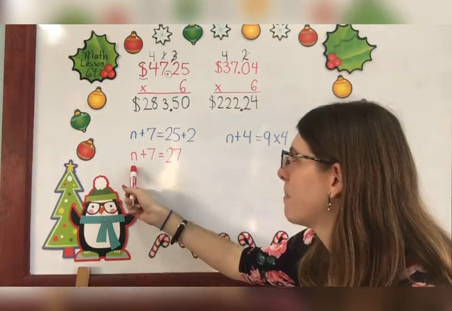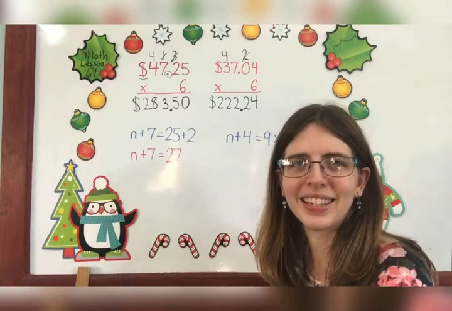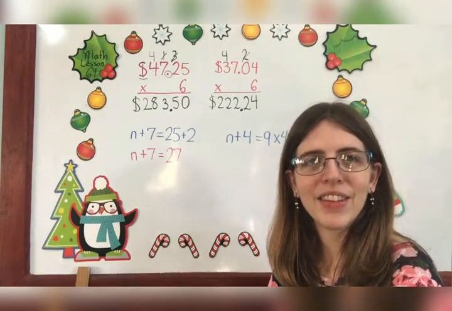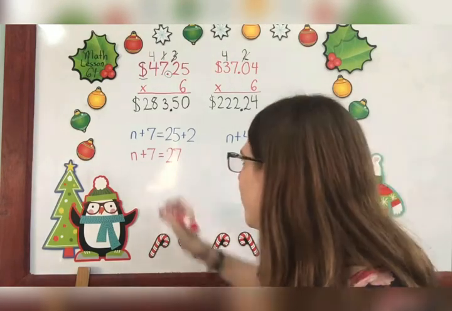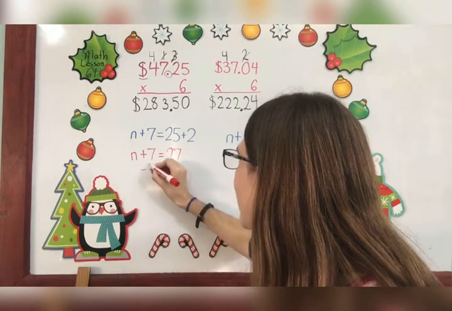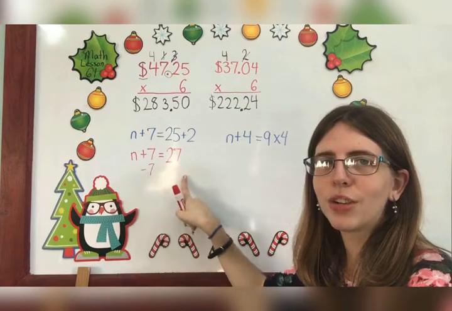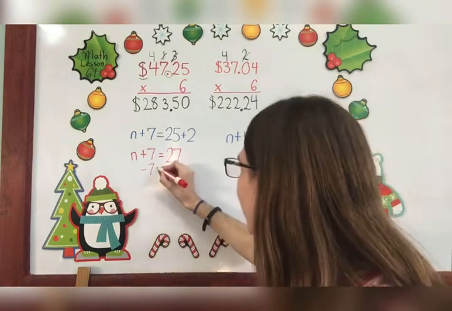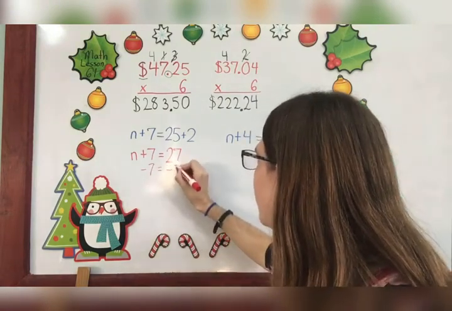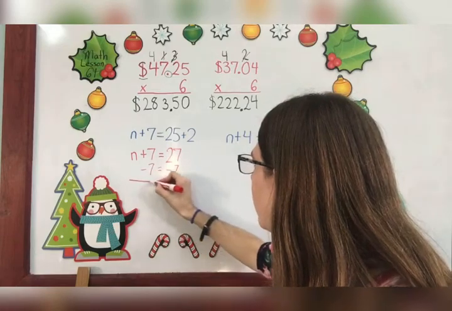Now, to get n by itself, I have to do the opposite. The opposite of adding 7 is subtracting 7. So I'm going to subtract 7. Whatever I do to one side, I also have to do to the other side. So I have to subtract 7 from here too.